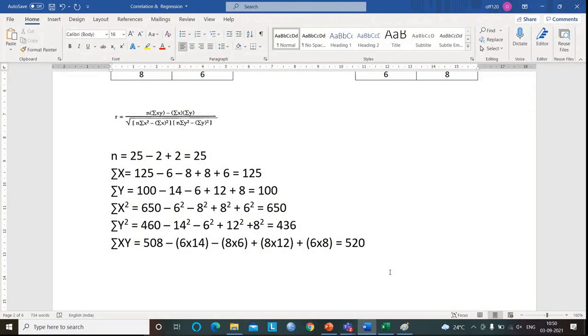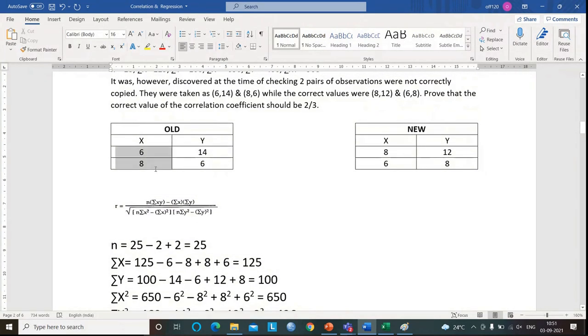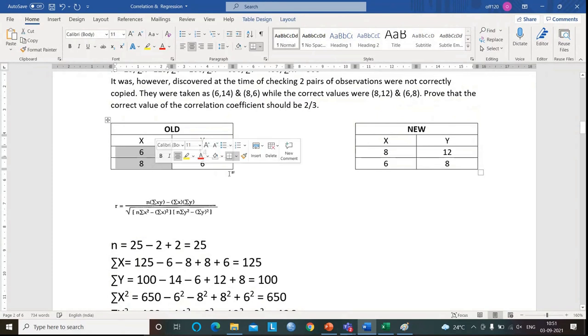Yes, please. Once explain n value, sir. N value. Okay. See, here in this column, n value is nothing but the number of observations which are there in one particular column. They said that there are 25 observations.